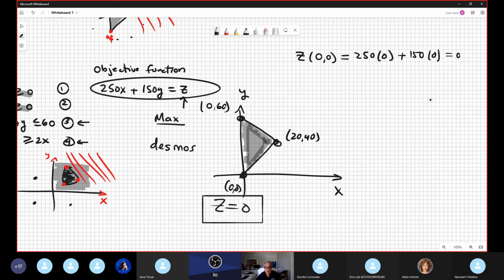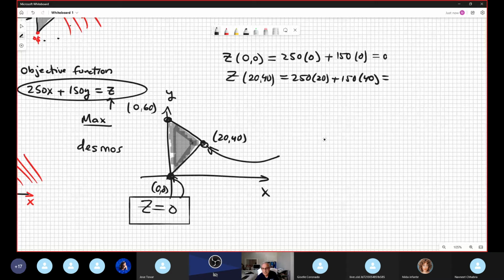Now C evaluated at 20,40: this point is 250 times 20 plus 150 times 40. Calculate, you know, it's 11,000. The C value in this case is 11,000.